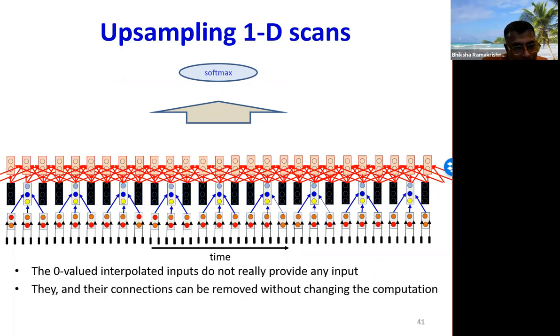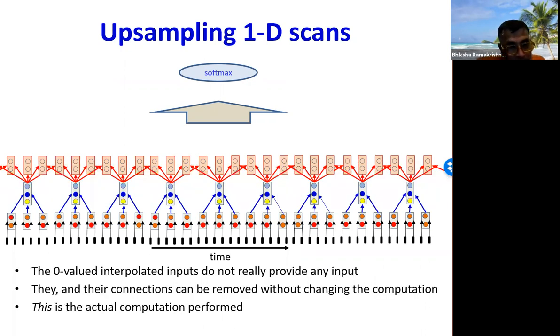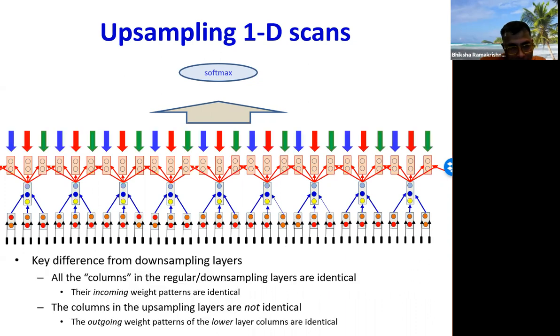Now, the point is the actual computation with zero stuffing is this, correct? And so this is the explicit network for the upsampling layer, the layer that increases time resolution.